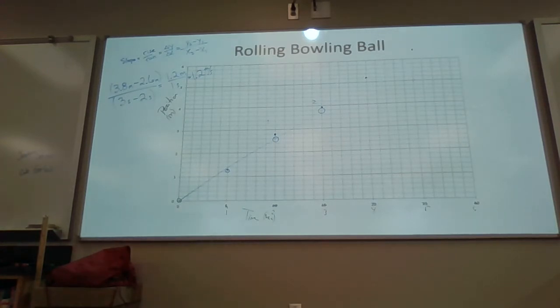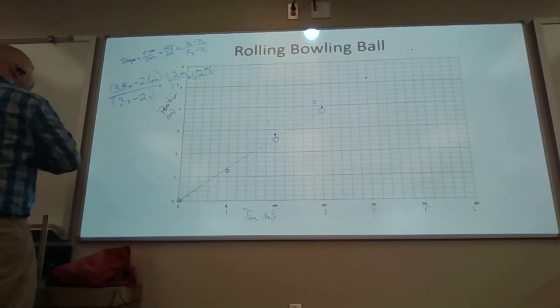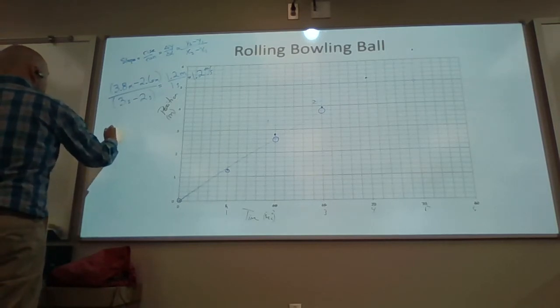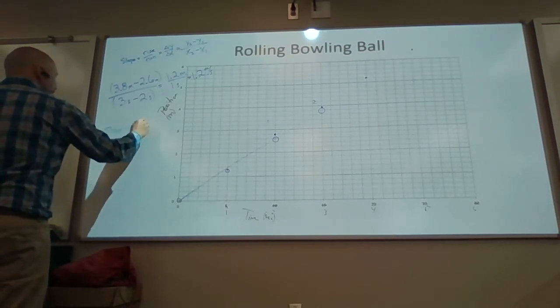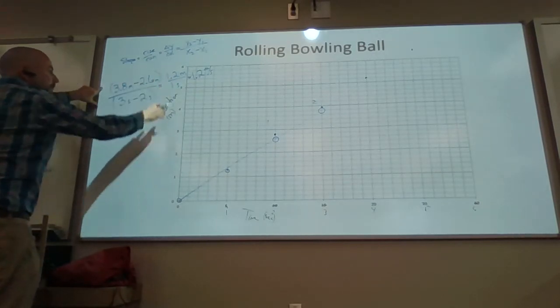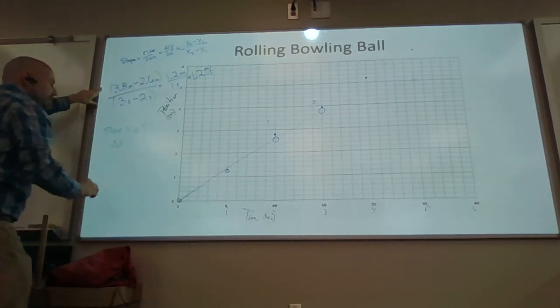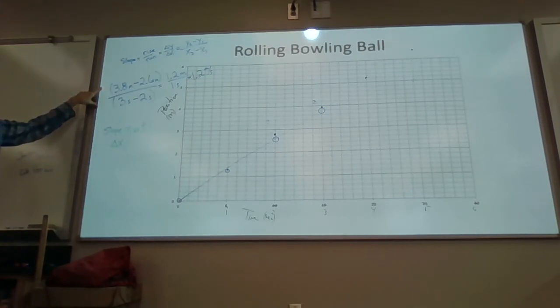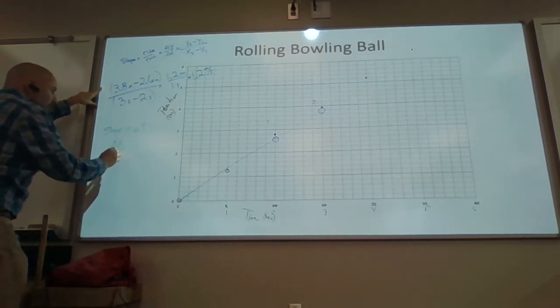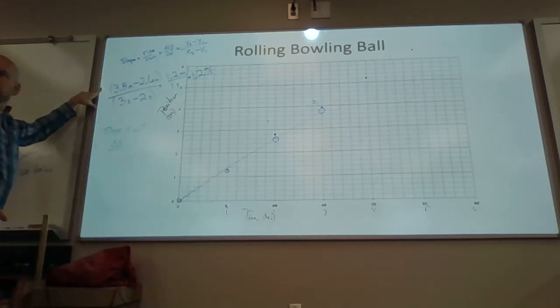Okay. So the takeaway on this one is this. The slope for a position versus time graph is rise over run. The rise is change in position, over the change in x. On the x-axis, we're graphing time, clock readings.